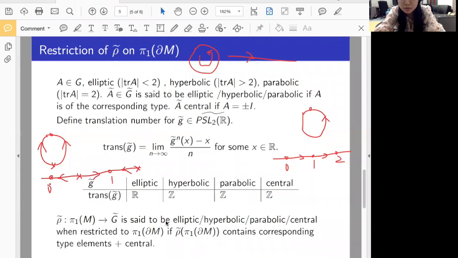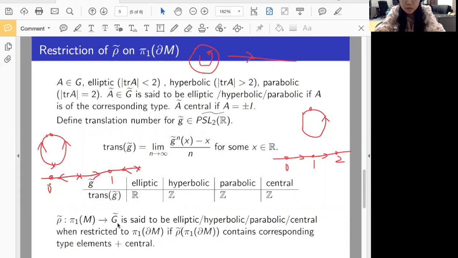This abelian group can only contain one type of the three types of elements in PSL2R tilde, plus the central elements. This is because elements of these three types would not commute with each other. They can only commute with elements of the same type. And central elements can commute with all.